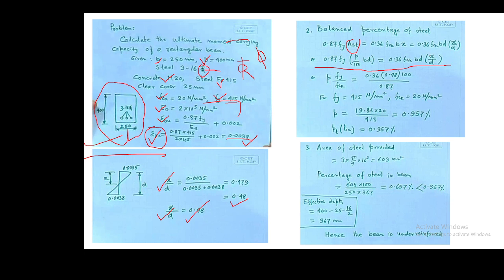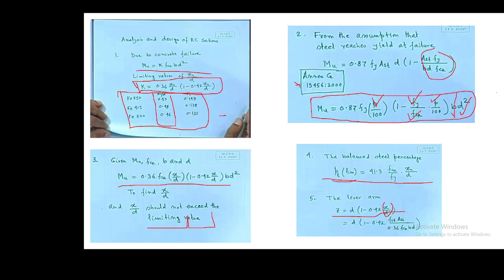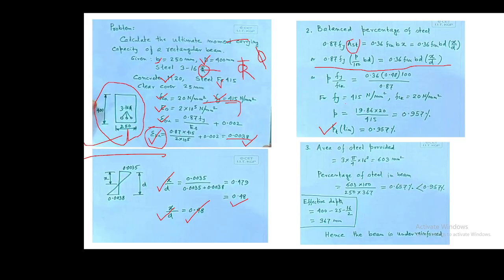Then rearranging this, P by Fy by FCK can be calculated. Every value is given directly. PT, the percentage of steel, can be calculated. Here we have seen the formula for percentage of steel, right? But here it is related to EMU, and they have not given EMU.